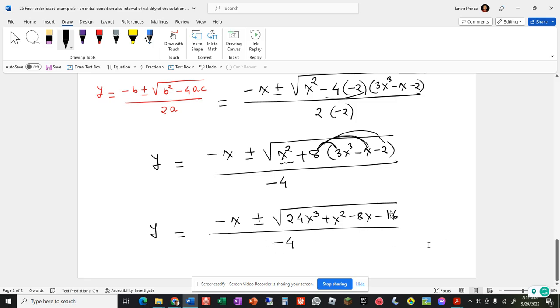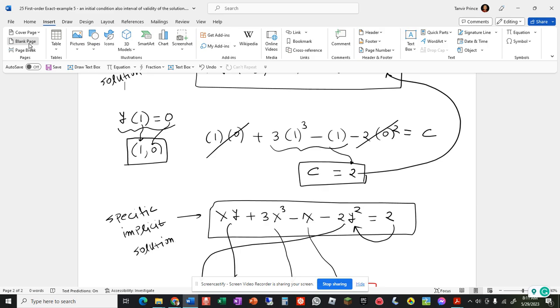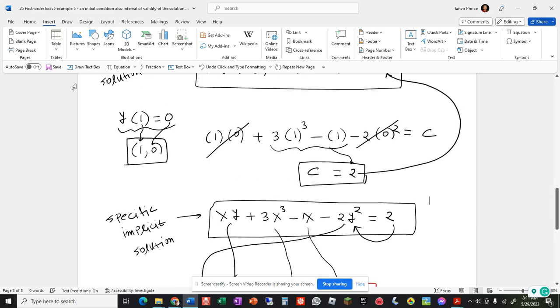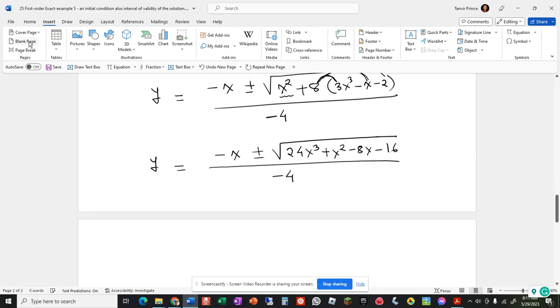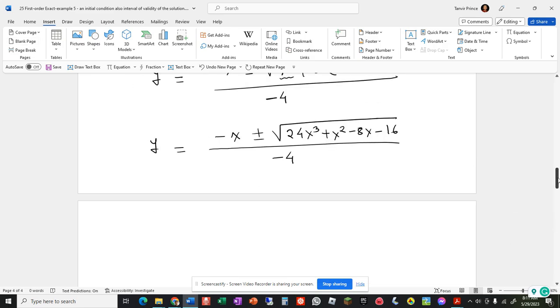Let's actually do that. Let me add a blank page. One second. Okay, so let's actually distribute that -4 under each one. Negative x divided by -4 is simply x over 4.